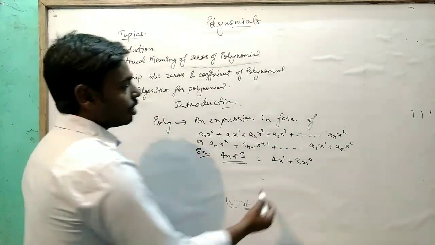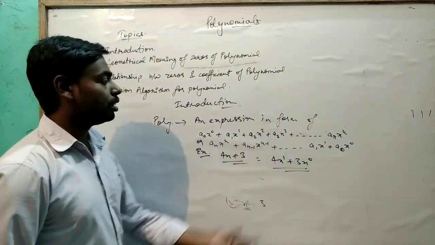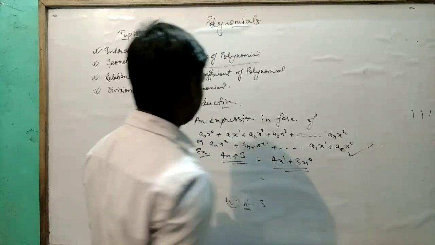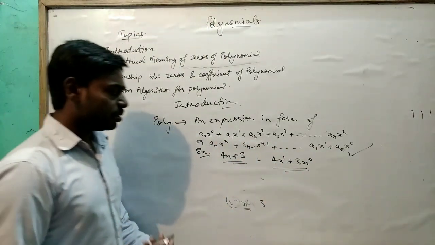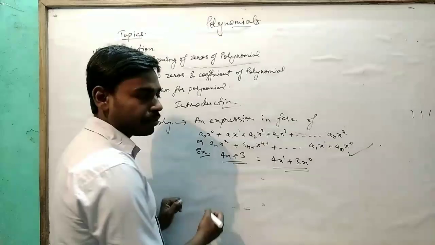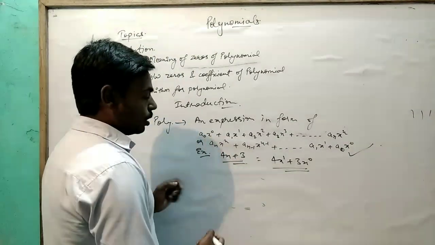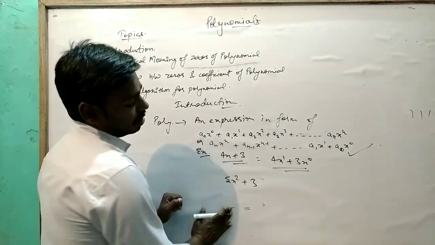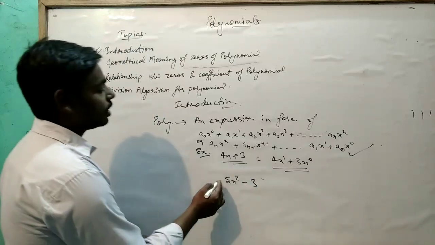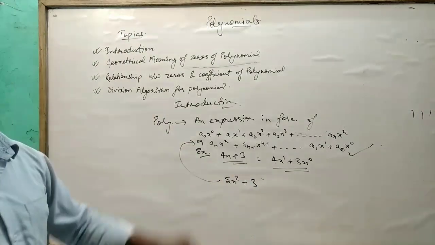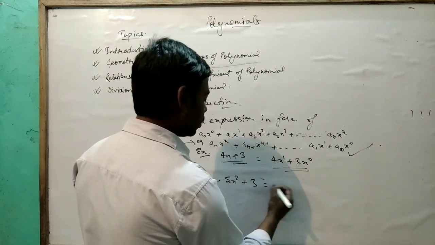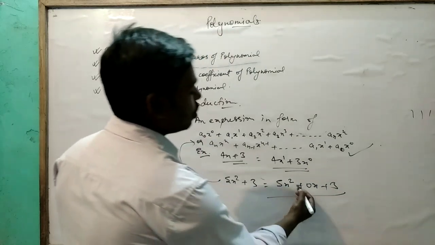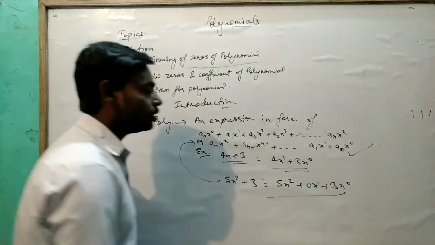This polynomial follows this form. Also we take another example, 5x square plus 3. It is also written in this form: 5x to the power 2 plus 0x plus 3, here powers 2, 1 and x to the power 0.